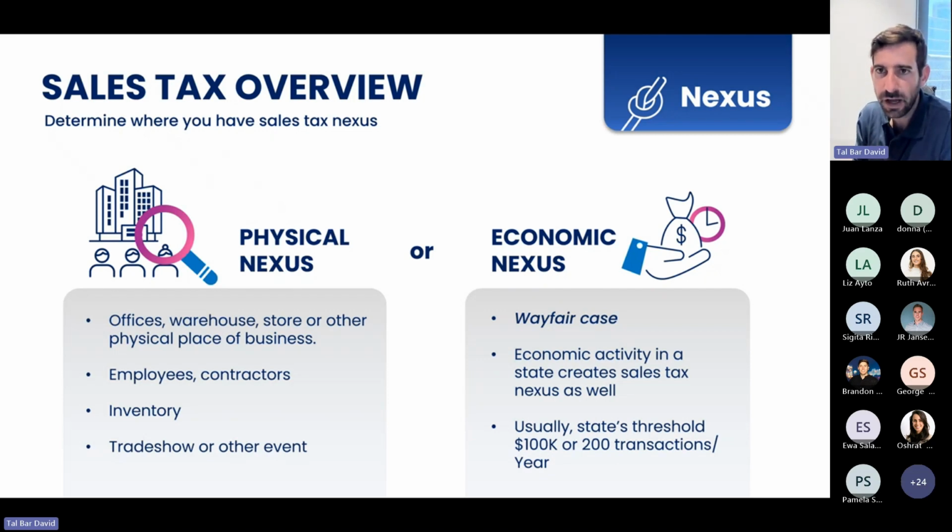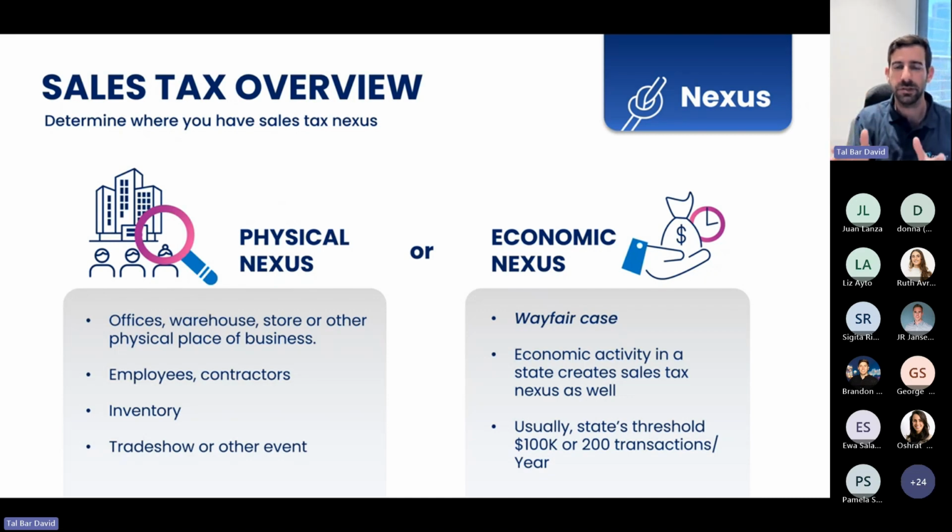We see a trend now of some states eliminating the number of transactions, like the 200 transactions, and keeping only the dollar amount threshold. But these are the two main options for you to have nexus, either physical nexus or economic nexus.